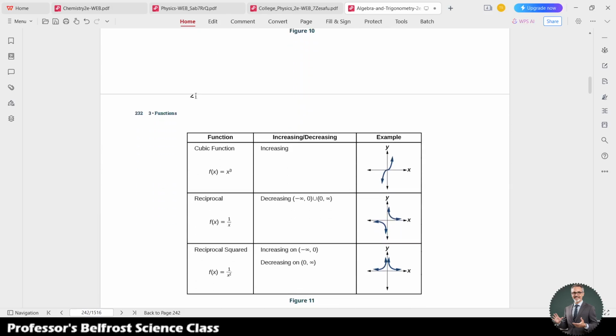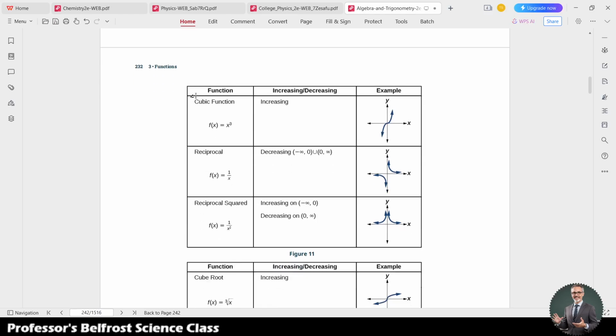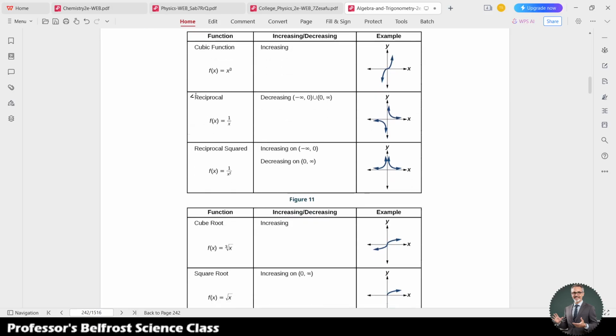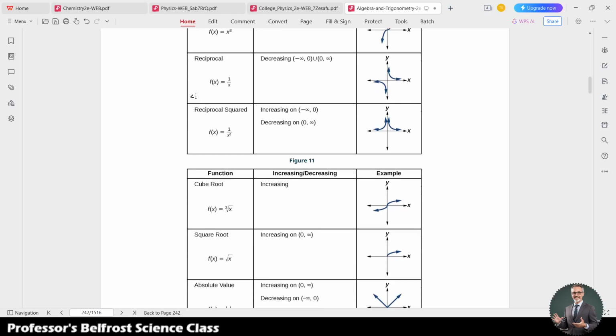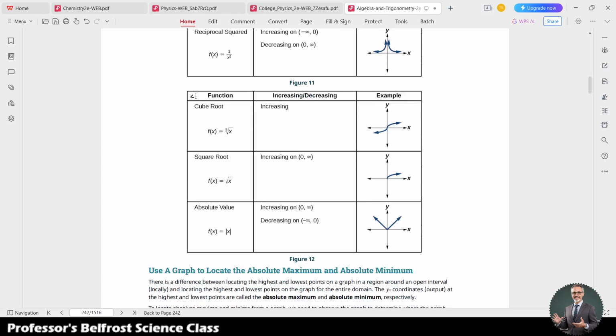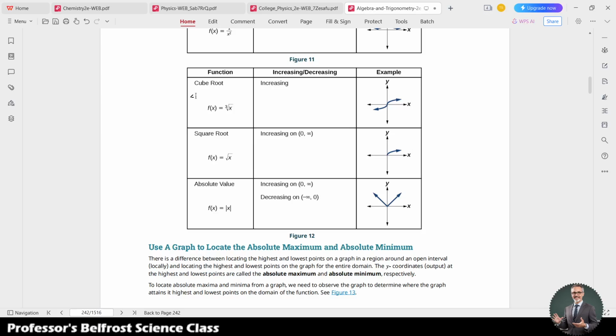The cubic function is always increasing. The reciprocal function is decreasing on -infinity to 0 and 0 to infinity. The reciprocal square function is increasing on -infinity to 0 and decreasing on 0 to infinity. The cube root function is always increasing.